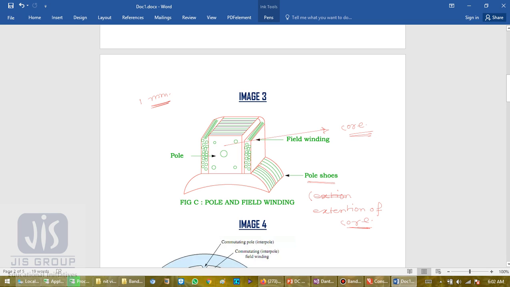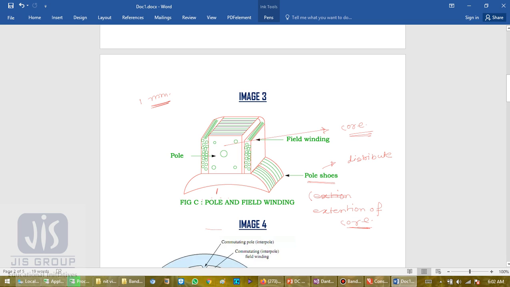So this is the stationary part, and after that there is a rotating part. In between there is an air gap. And what is the function of this pole shoe? The function of pole shoe is to distribute the flux from pole core to the rotating armature through the air gap. So this is the function of pole shoe.